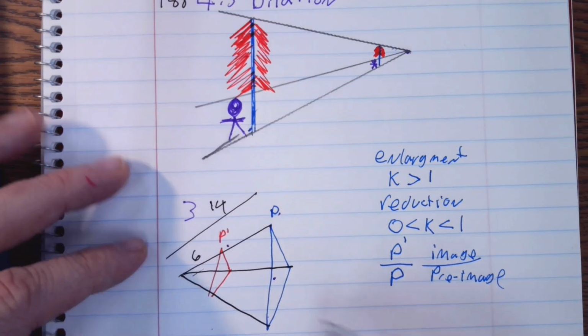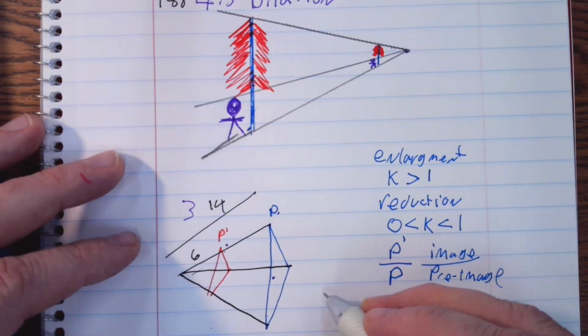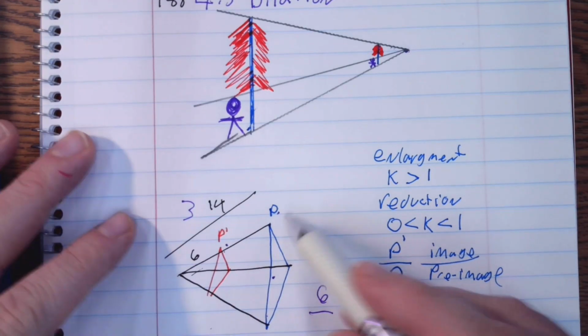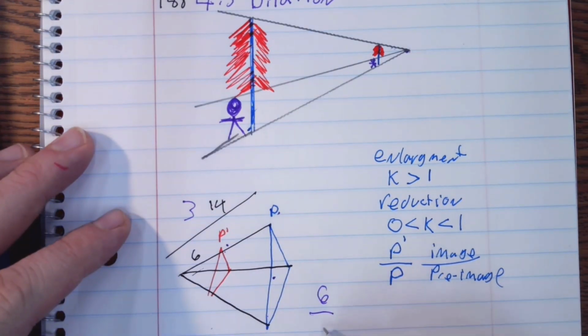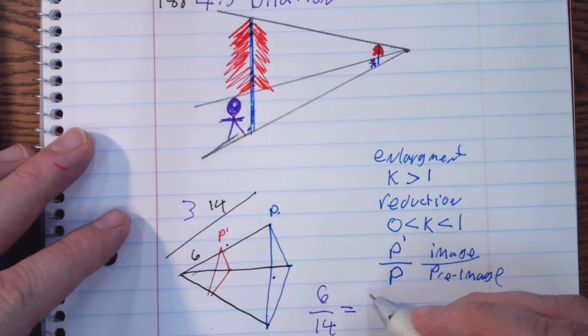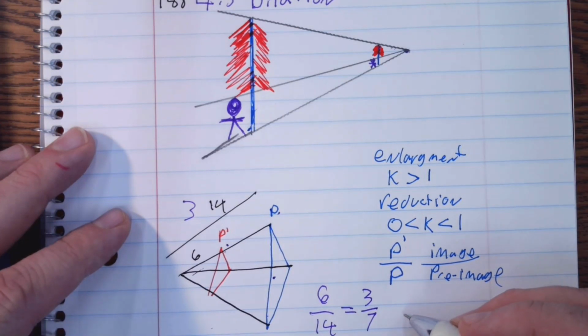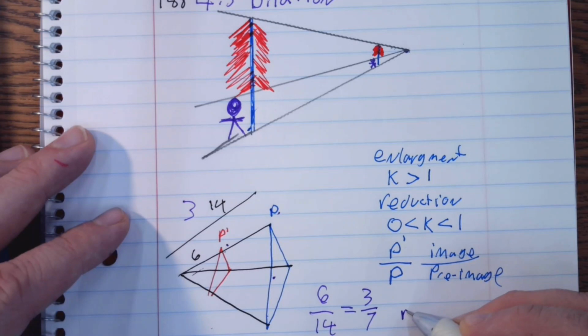So the image is 6, the pre-image is 14. So that's going to give me a scale factor of what? 3/7. And they are also asking us to write reduction.